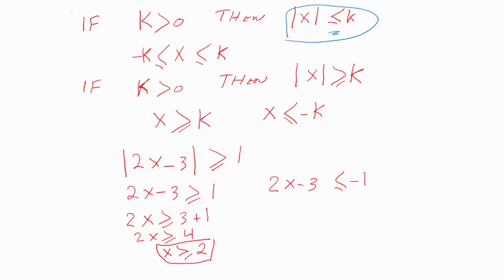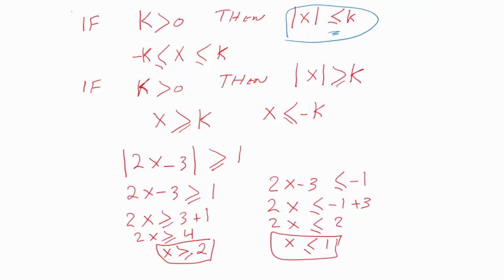That's one answer. Then 2x, take the minus 3 to the other side, less than or equal to minus 1 plus 3. So 2x less than or equal to 2, x less than or equal to 1. Okay. So the answer is x less than or equal to 1 or greater than or equal to 2.